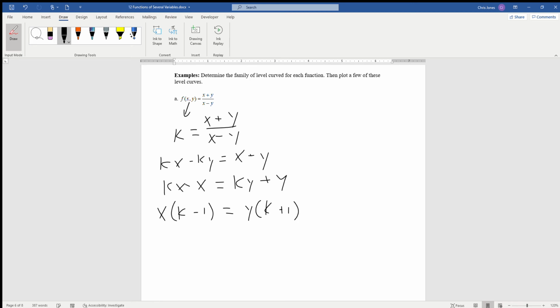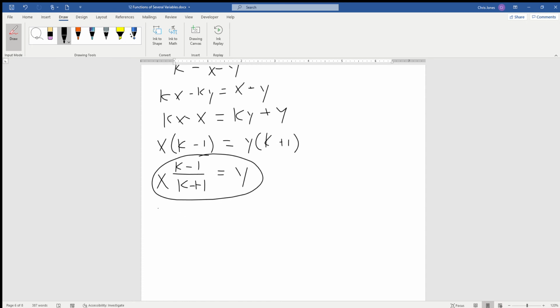Finally, if we solve this for y, y is equal to x times k minus 1 over k plus 1. And of course the question is, what is that? Clearly it's a line that passes through the origin.